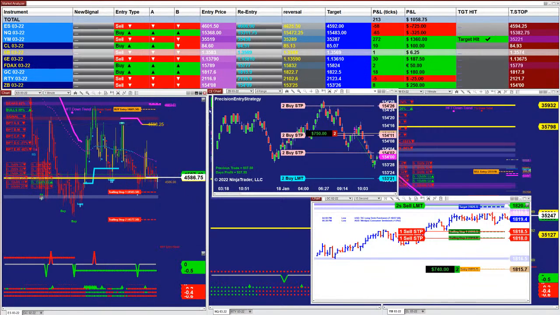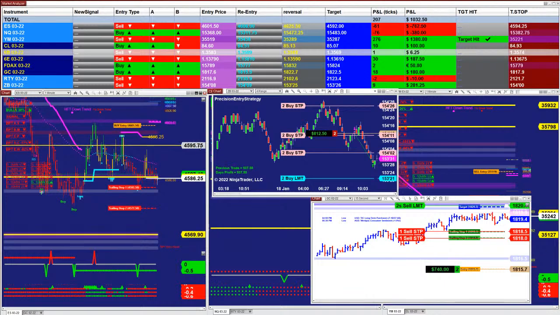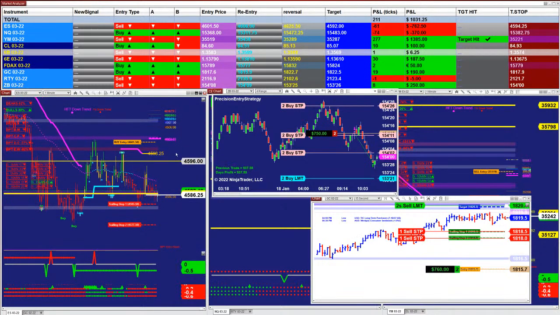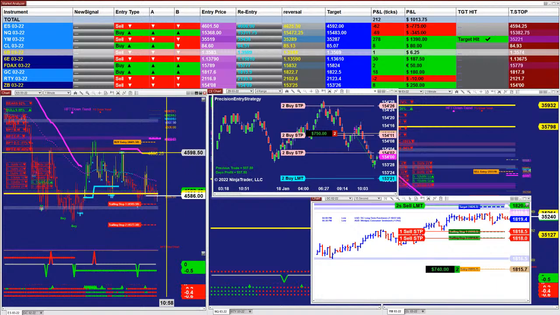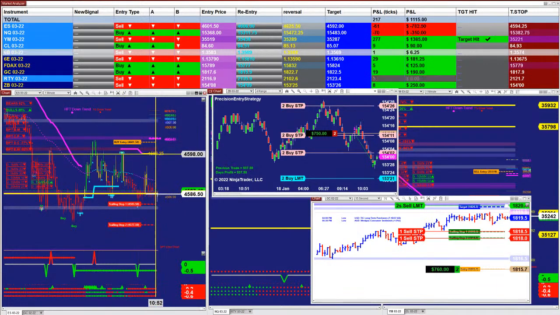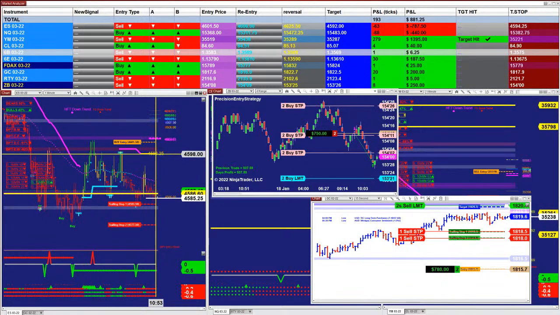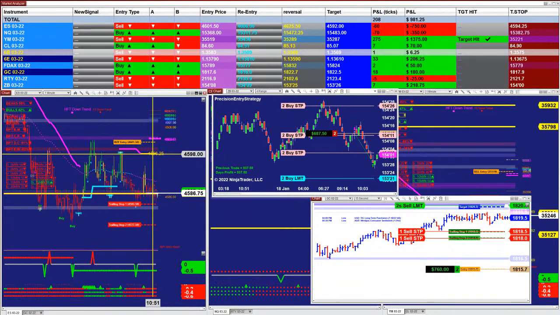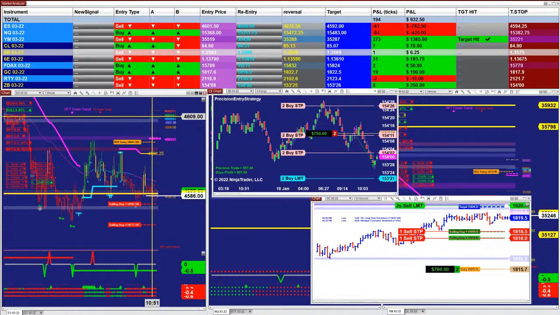Where is the probability if we look at the ES? It is getting heavy on the support, on the resistance area, and we have the re-entry number 4598 waiting on us. This one here, the one on the chart, 4598, is a re-entry confirmed by a double resistance, triple resistance.